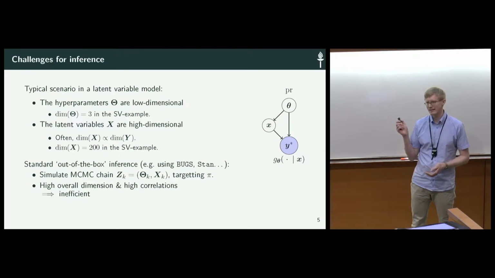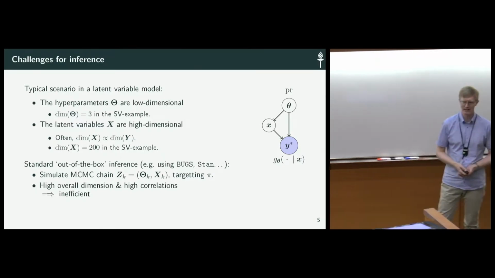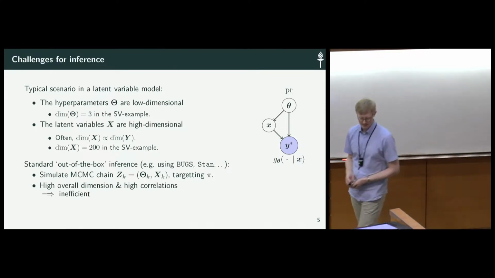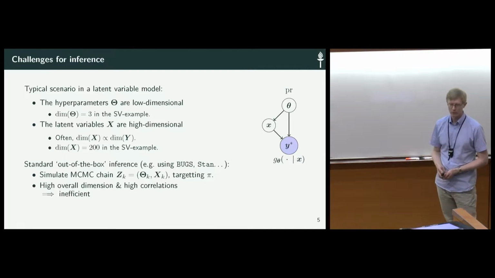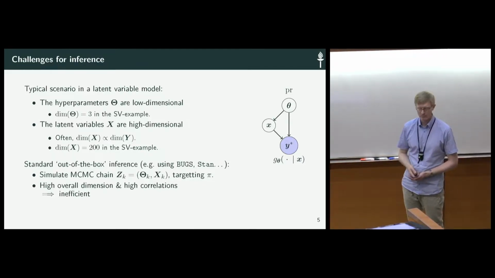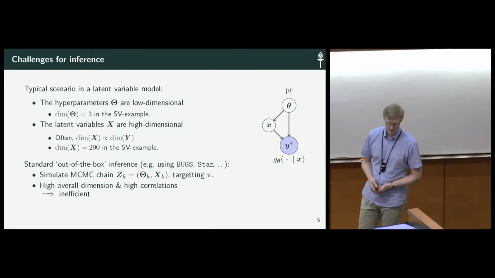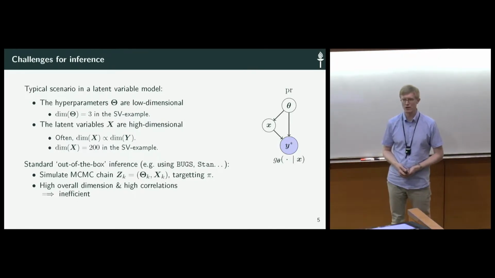Well, this is not really high dimensional here. It's 203, which is at most moderate, I think, these days. But you could imagine examples where you have much more observations, and in many cases there are as many latent variables as there are observations.